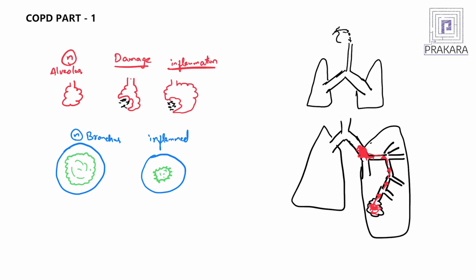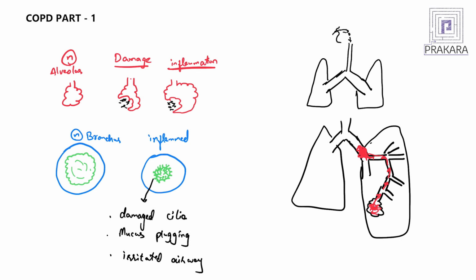Now here, the fine cilia present on the bronchial wall are damaged, and there is mucus plugging. I'll explain each one of them. Why is there mucus plugging and why is the bronchi irritated, inflamed? Now, irritated airway.